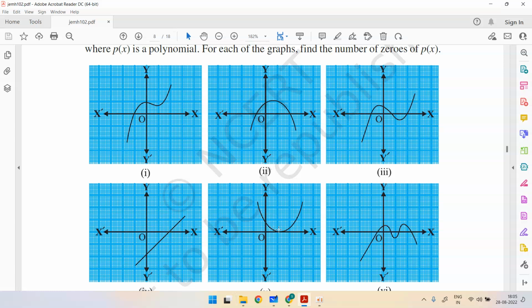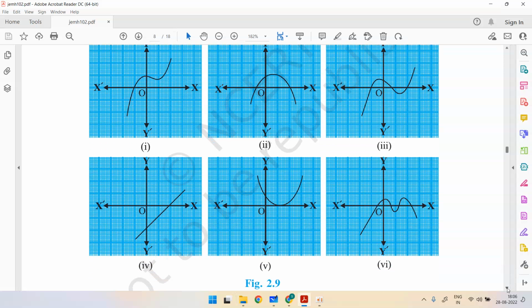This also intersects the x-axis at 1 point, so the number of zeros is 1. Here it intersects at 1, 2, 3 and 4, so the number of zeros is 4.